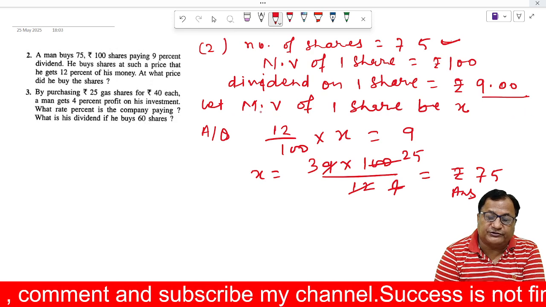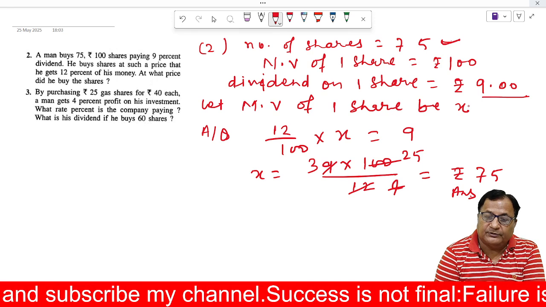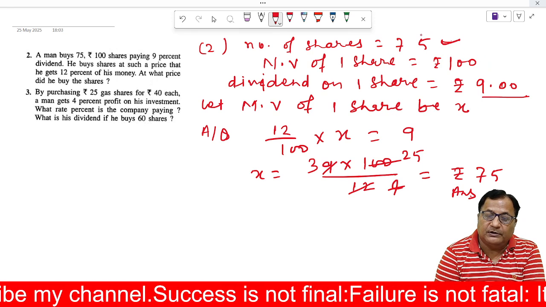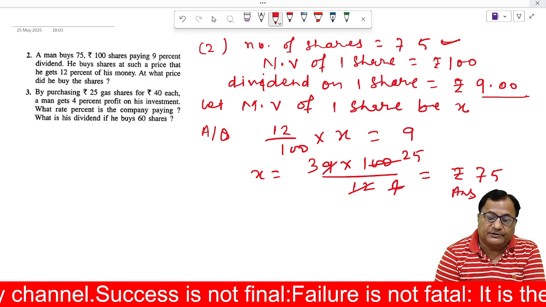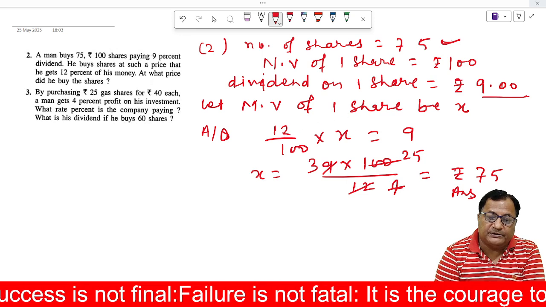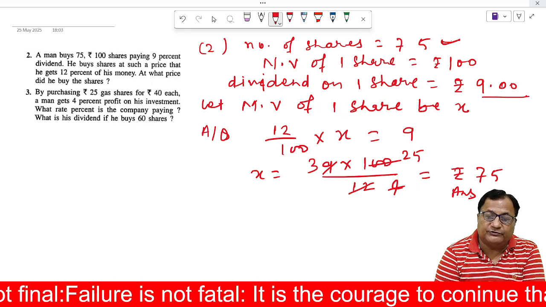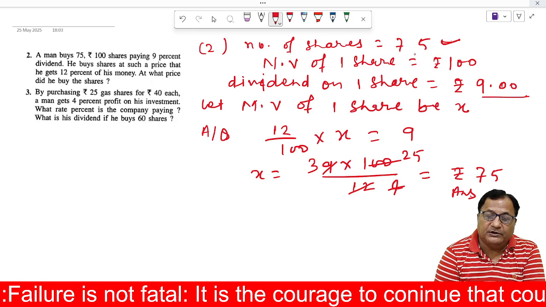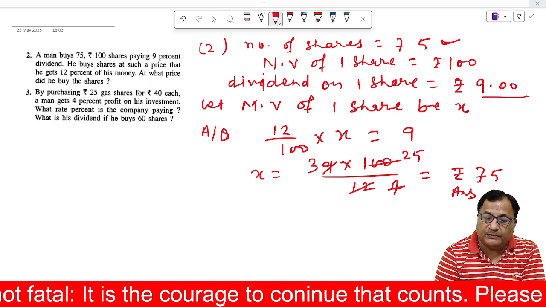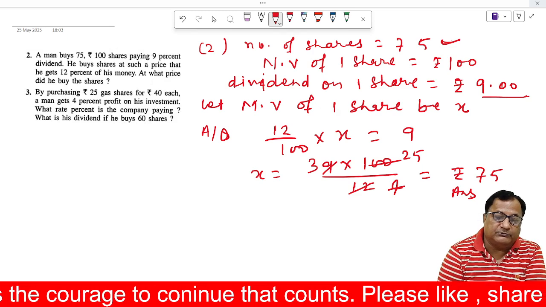And we will suppose the total investment is X, so we will find 12% of X is equal to that total dividend, and in this way we will get the total investment. If we divide the total investment by 75, we will get the same answer, 75. So by that method also we can find the value.